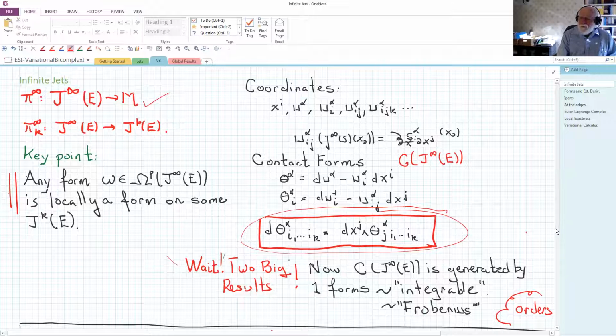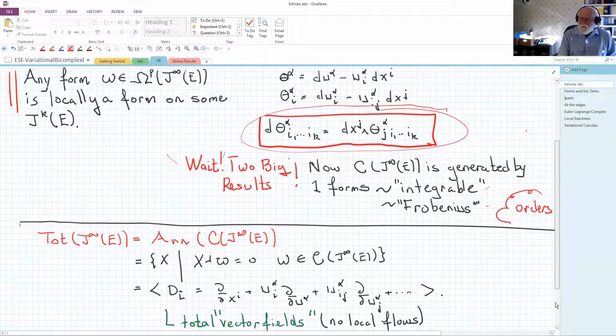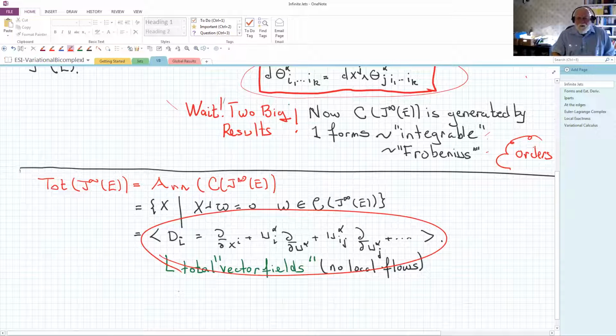What happens is we do lose track of orders of things. We don't care what the order of our objects are. All we know is that they're locally finite. The annihilator of the contact system is something that's very familiar to everyone. It's the set of total vector fields on our space of independent variables, or these are just total derivatives.